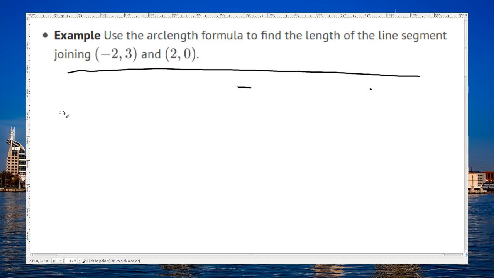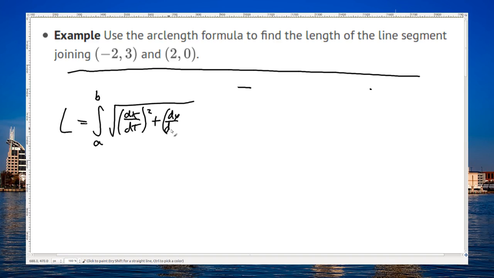The arc length formula says the length is the integral from a to b of the square root of the x derivative squared plus the y derivative squared dt. All right, so now we need to figure out a parametric equation, because this is for the length of a curve defined by a parametric equation. For line segments, it's really easy to come up with the parametric equation.